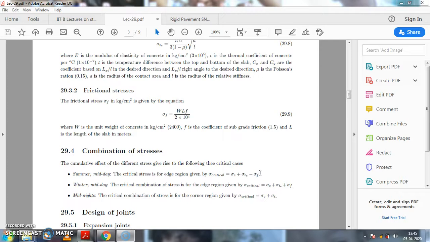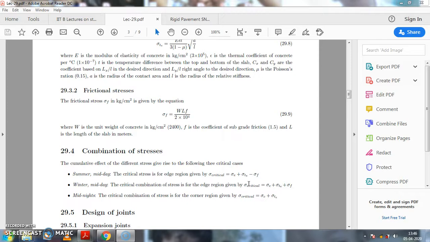Now suppose, as an example, we see the corner stress, because we are not bothered about the interior part, as it is on the safer side compared to the edge and corner regions. We have already seen how the combination of stresses acts in the edge part. In the corner regions there are no frictional stresses. Obviously, the critical combination occurs at the top fiber of the slab during midnight.